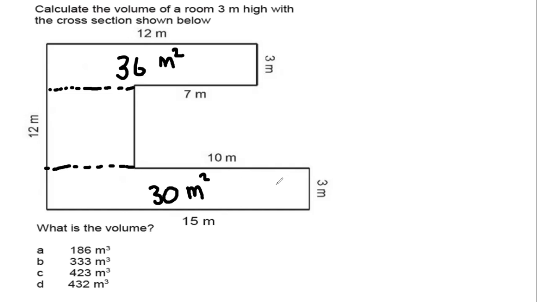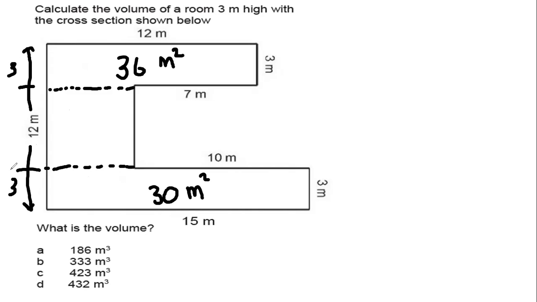All right, so what we need to do now is find the area of the segment here. Now we know that all of this is 12. I mean, you shave off 3 down here, and you shave off another 3.